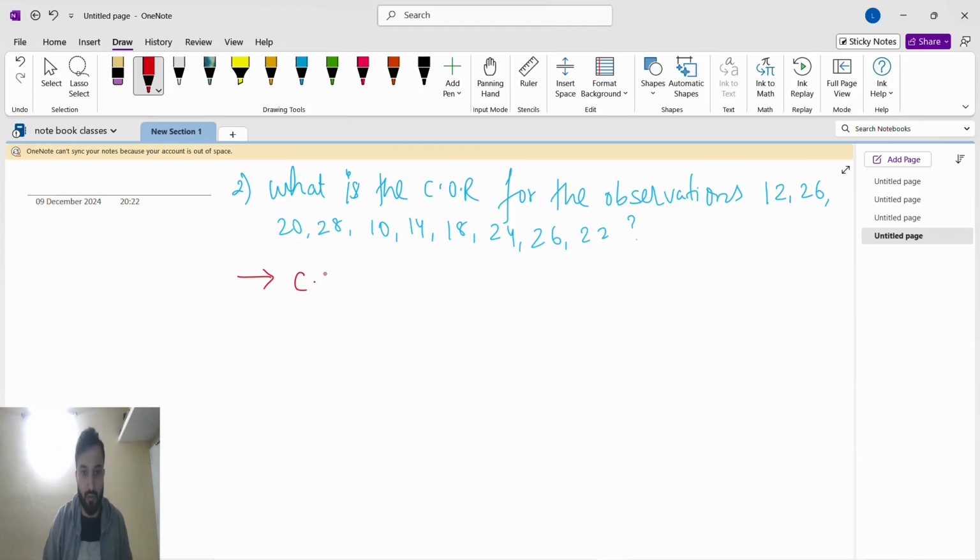Okay, so we have to find the coefficient of range. So coefficient of range means h minus l by h plus l into 100.